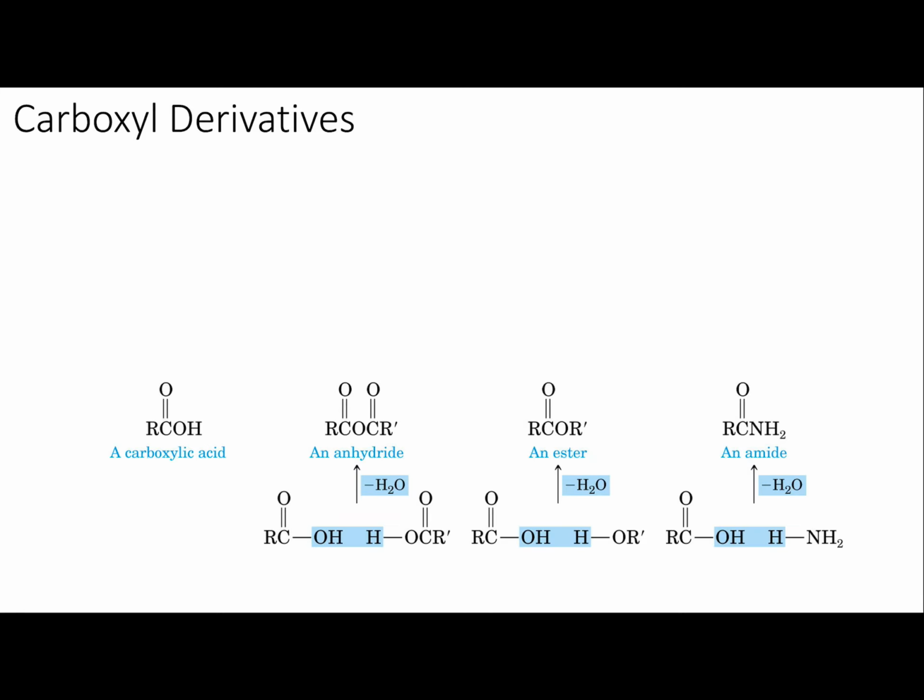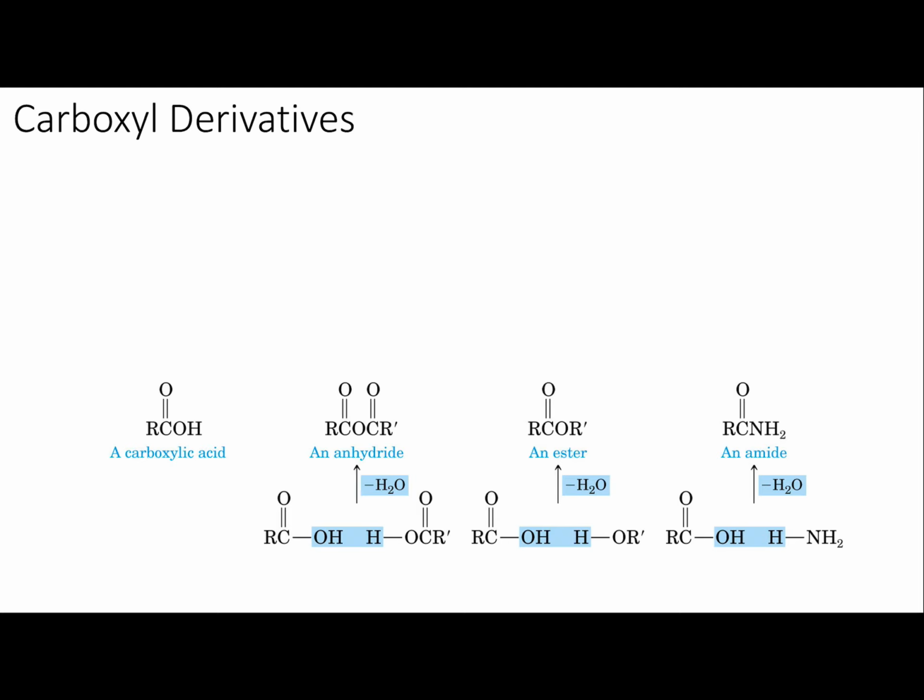So in the last chapter, we looked at carboxylic acids. In this chapter, we are going to see that the anhydrides, the esters, and the amides are related to the carboxyl group losing an H2O.